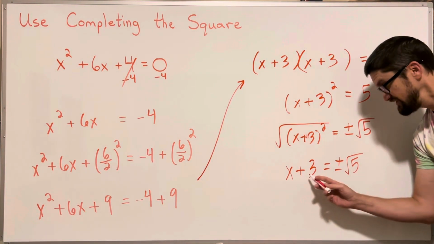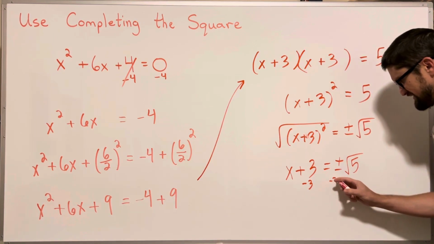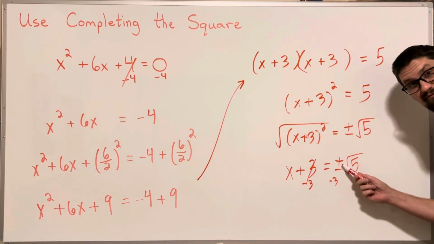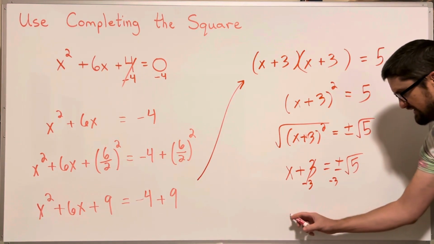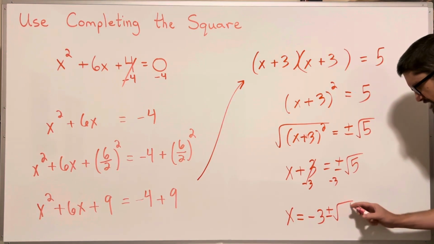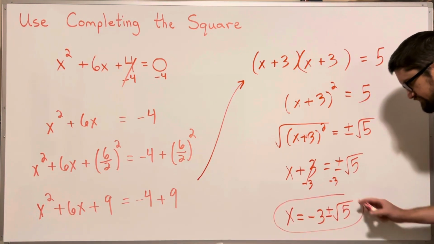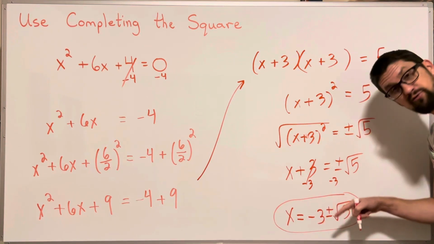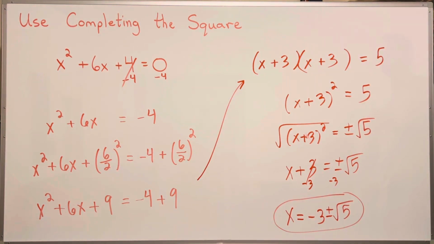And to get x by itself, just subtract 3 on both sides. And I'm going to put the -3 here in front of the plus or minus. So I end up with 2 solutions. I get -3 minus square root of 5 and -3 plus square root of 5.